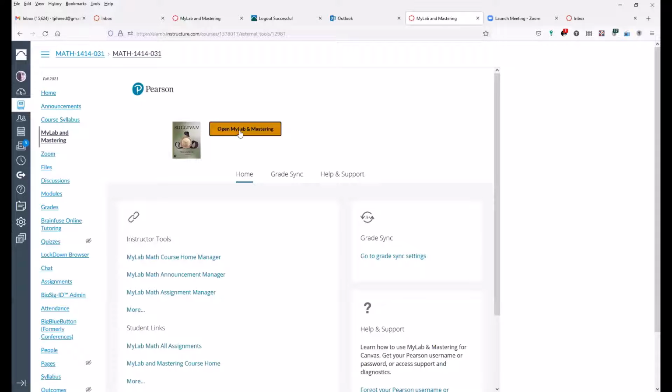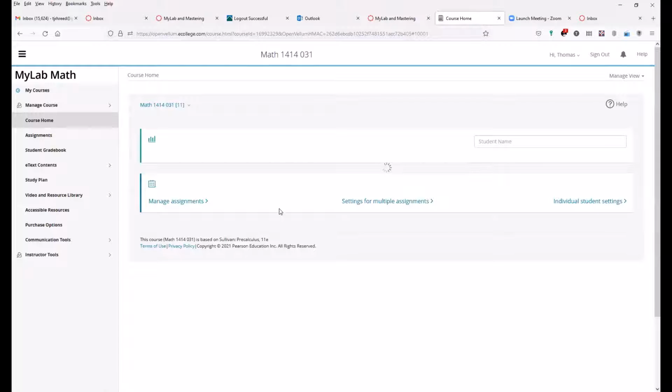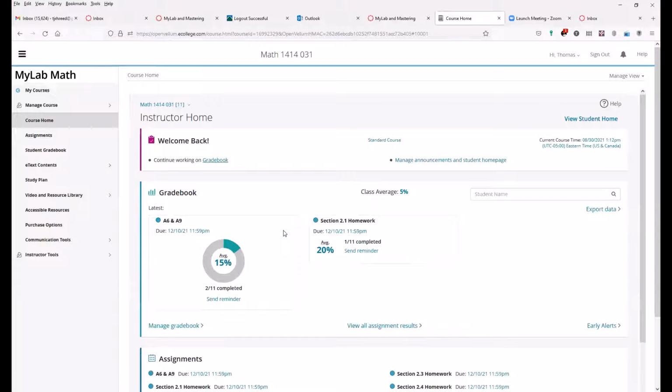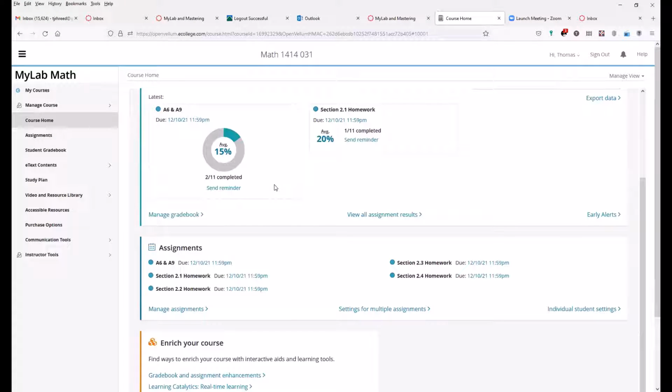Once you get it open and you click into it, this is my home page for this class. Okay, it'll populate. It takes a little bit. And yeah, your grade book will look different than mine.